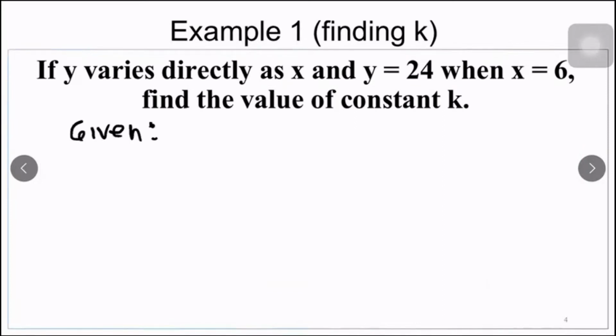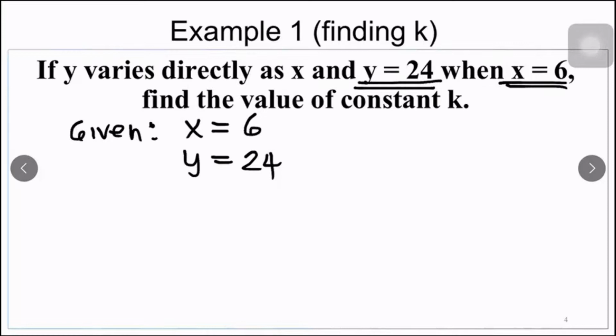In writing the given, we need to identify the value of our x and the value of our y. So in our example, y is equivalent to 24, and x is equivalent to 6. Let us write it down.